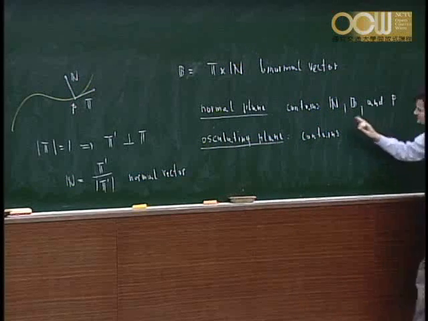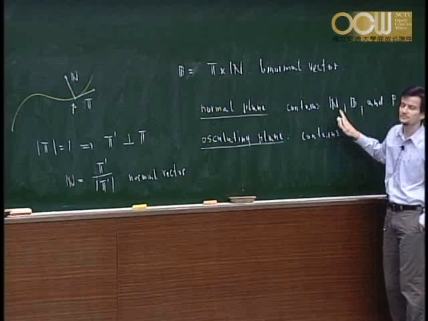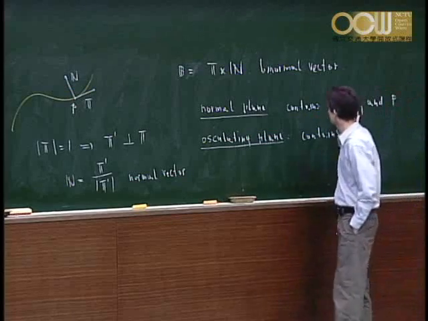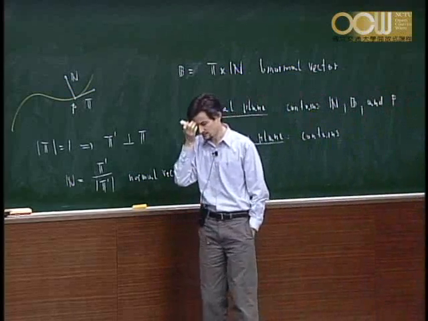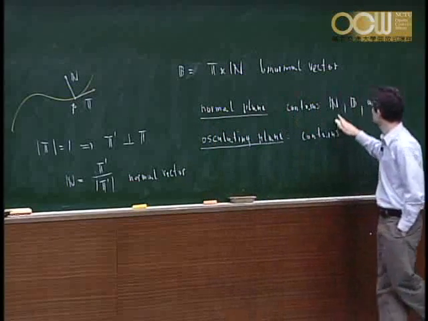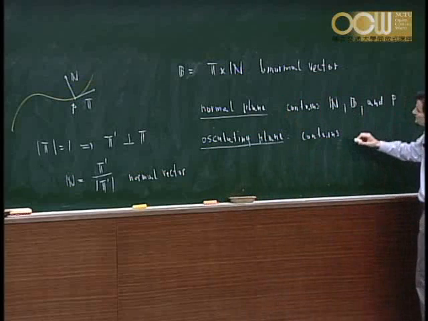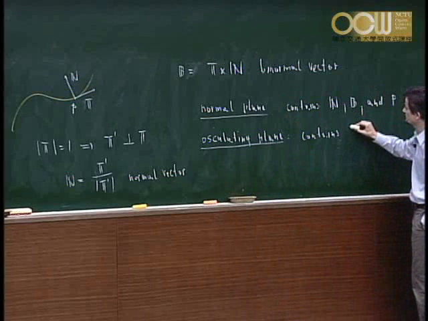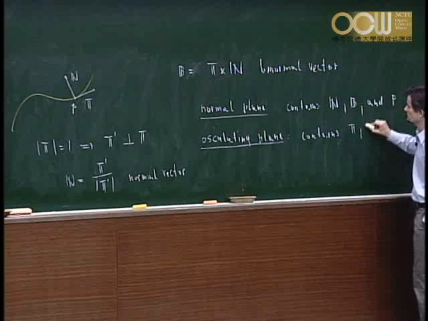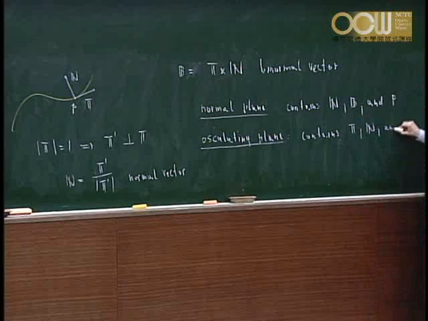Actually, I shouldn't say it like this, because the vectors n and b can be, of course, moved from the plane, because if I move the vector, it's the same. Okay, but you know what I mean. So the osculating plane contains the unit tangent vector, the unit normal vector, and b.